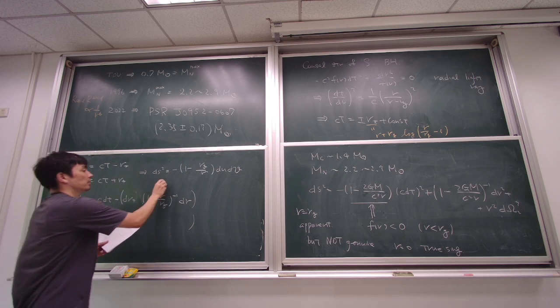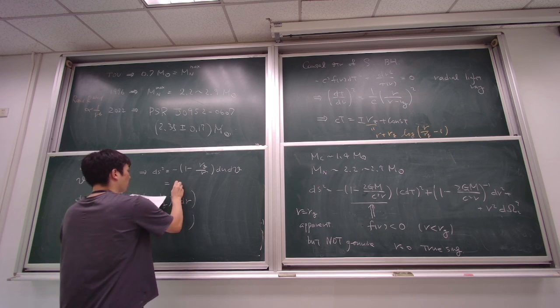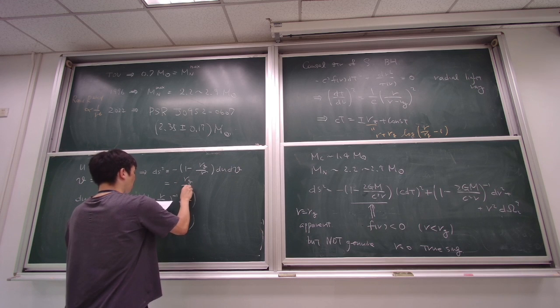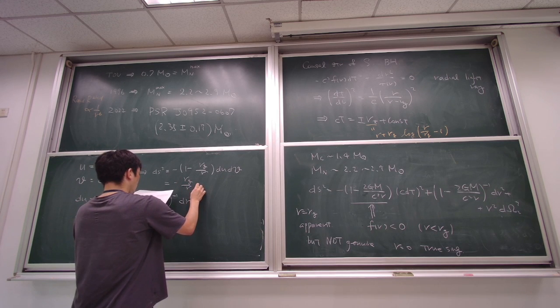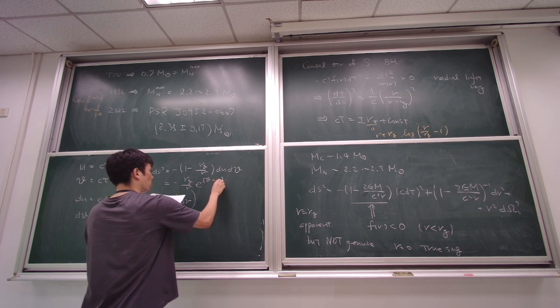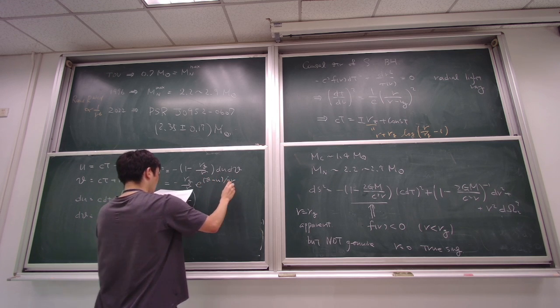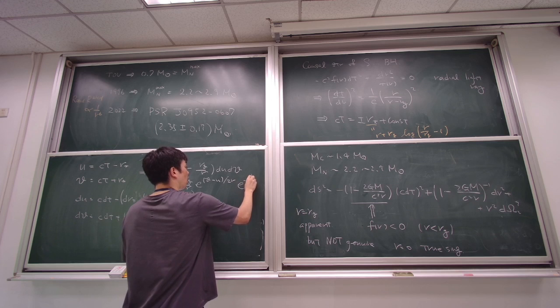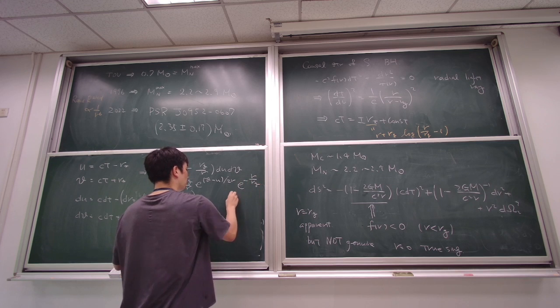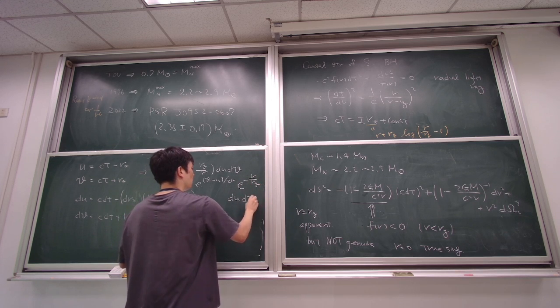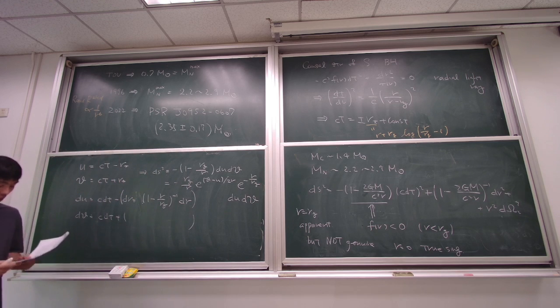And this one is equal to the following: minus rg over r, and then what was that? e to the (b minus u) over 2r times e to the minus r over rg, times du dv. Okay, so that's the case.